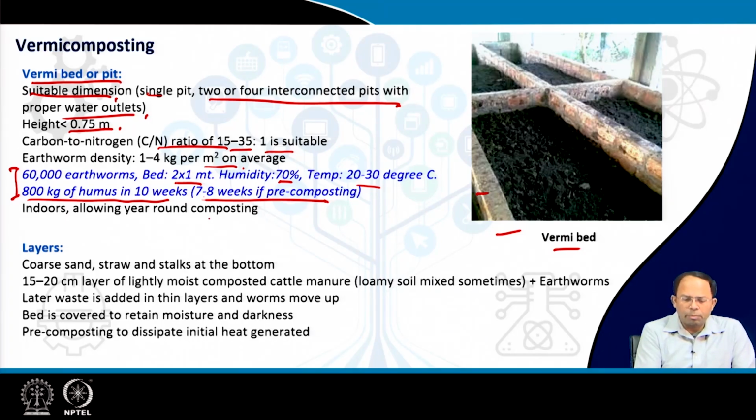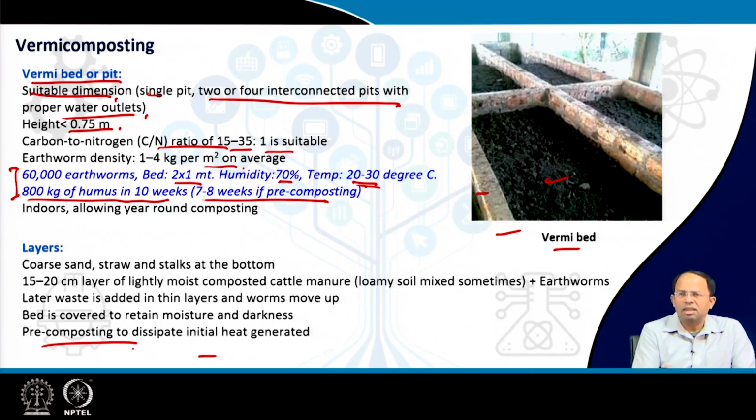Earthworms operate best at much lower temperatures. So with pre-composting, the excess heat like 55-60 degrees centigrade will never happen in the pit. That is beneficial, so that's why it's better to do pre-composting.